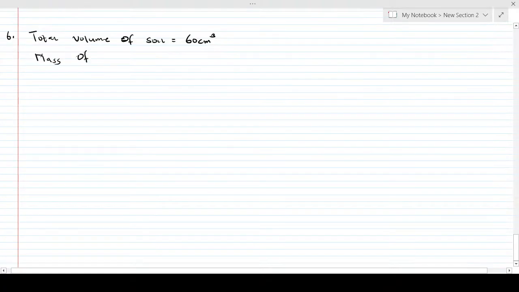So we've been given a total mass of the soil also as 110 grams. So total mass of soil.